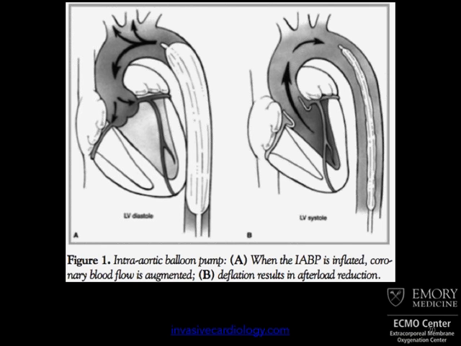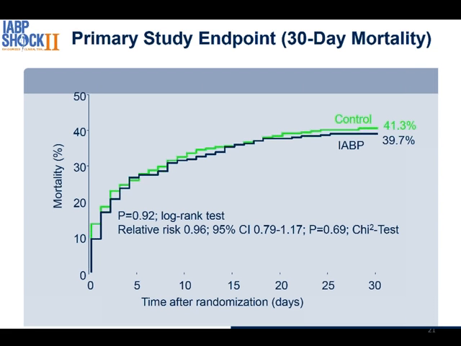It took 40 years, but the trial was done, called the SHOCK 2 trial, that you see here. These were patients that had myocardial infarctions that had interventions. And as you can see here, whether they got an intra-aortic balloon pump or not, it did not make a difference in their ultimate survival.